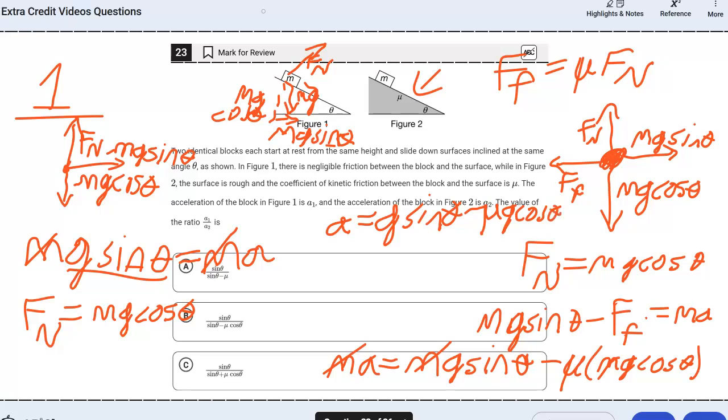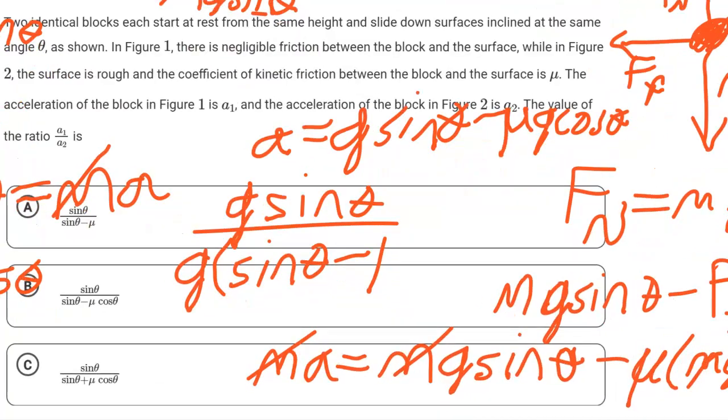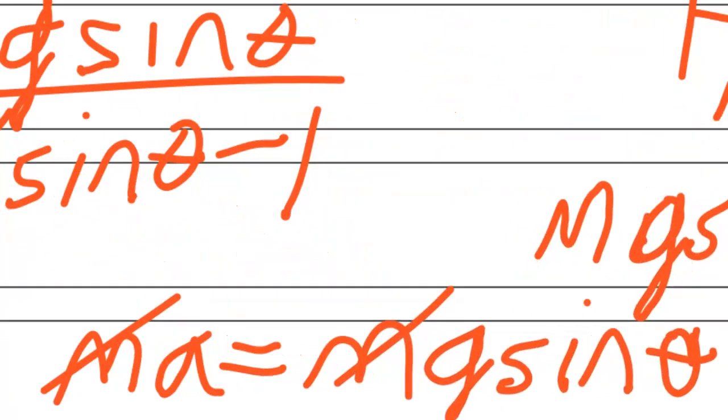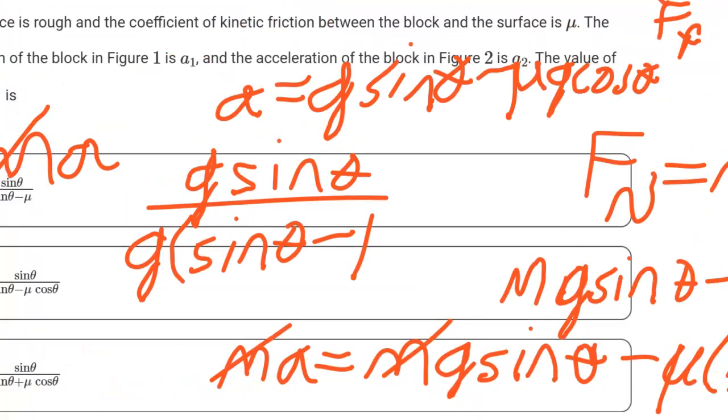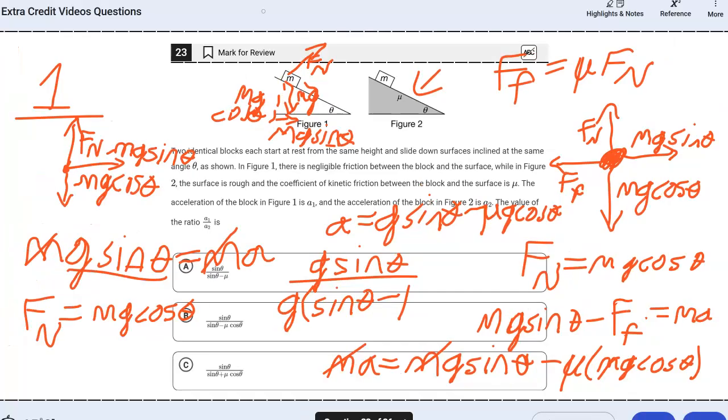Okay, so A1 over A2 is g sine theta over, we can factor out the g, sine theta minus mu cosine theta.